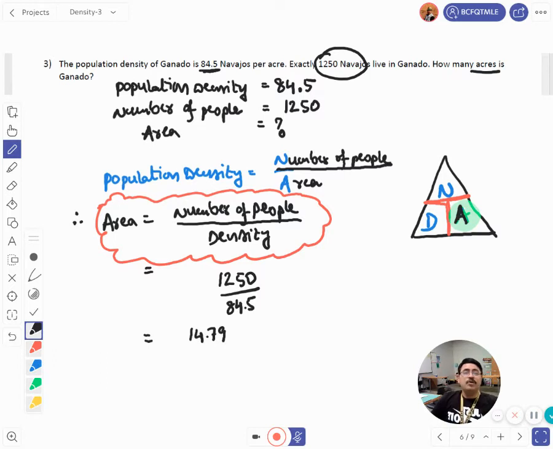The question is how many acres of land there are. So 14.79 acres. That's the area of Ganado. Anyhow, this may not be true. If you go and Google, you may see a different answer, but this is for mathematical purposes, right? Now, questions, please.